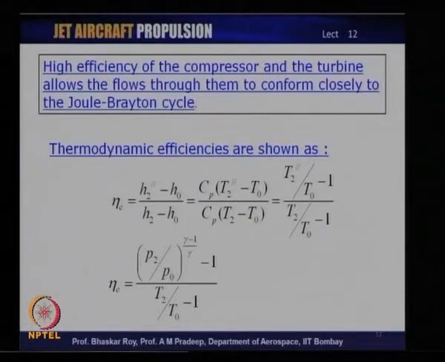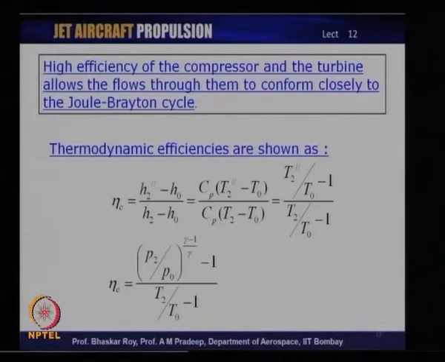The closer we are to the ideal cycle, the closer we can say that adoption of the Brayton cycle as the basis of a jet engine is fundamentally a viable proposition. Further we are away from the Brayton cycle in the actual engine operation, adoption of the Brayton cycle is then not acceptable, or it remains a questionable metric of analysis of a jet engine.